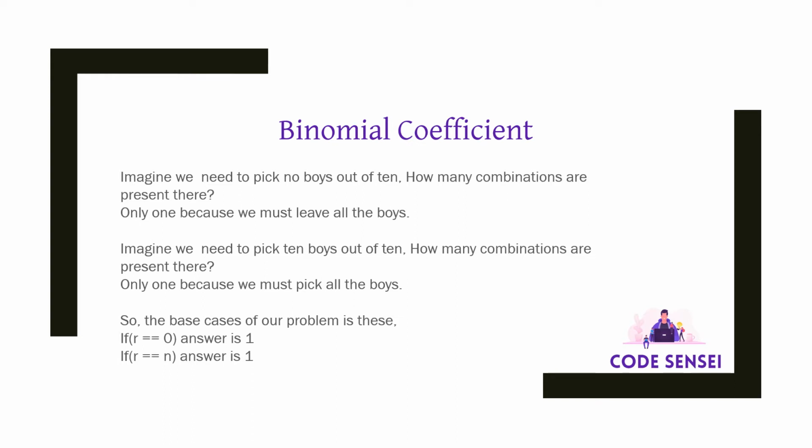How many combinations are present there? Only one, because we must pick all the boys. So the base cases of our problem are these. When the number of boys to be picked is 0, the answer is 1. And when the number of boys to be picked is equal to the total number of boys, that is r is equal to n, the answer is 1. So let us try to summarize all the findings and convert it into an algorithm.